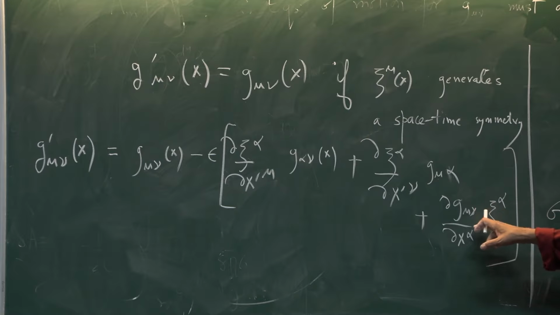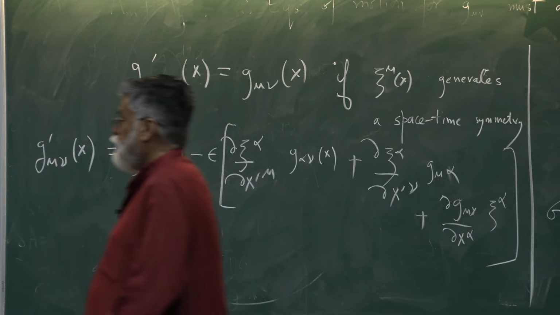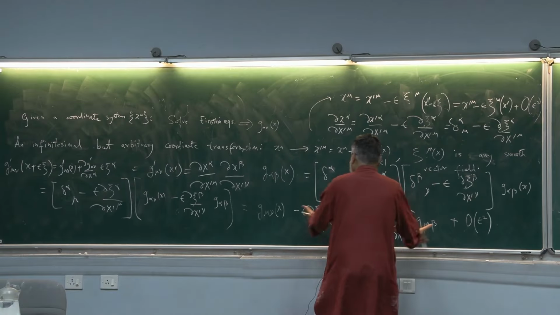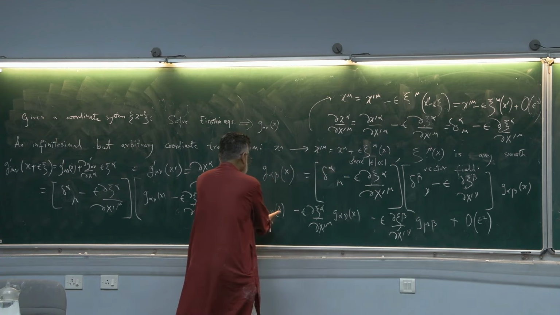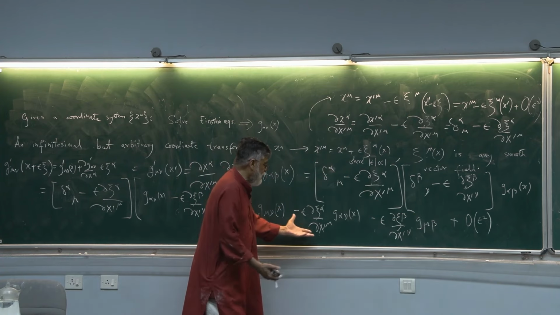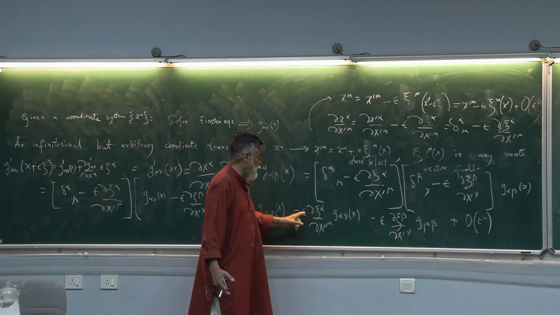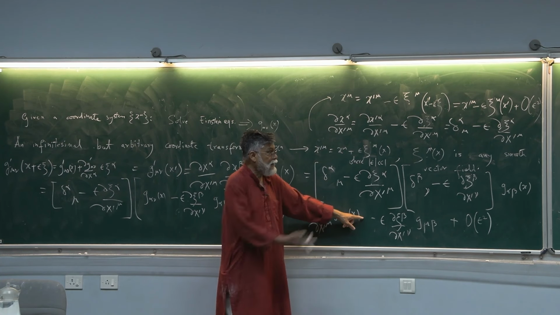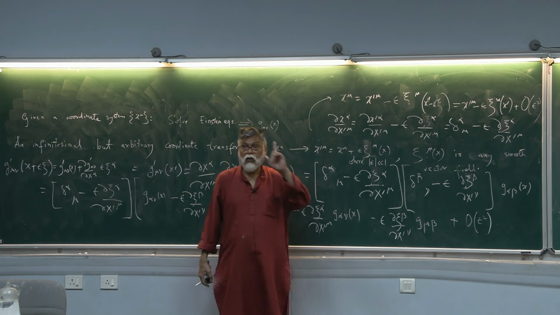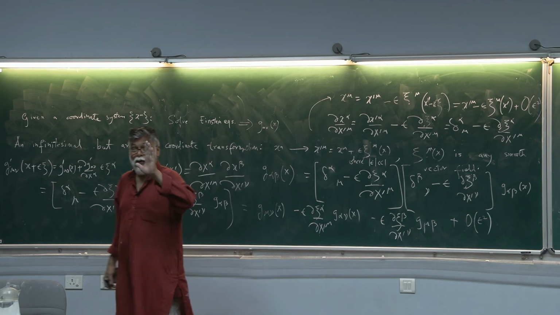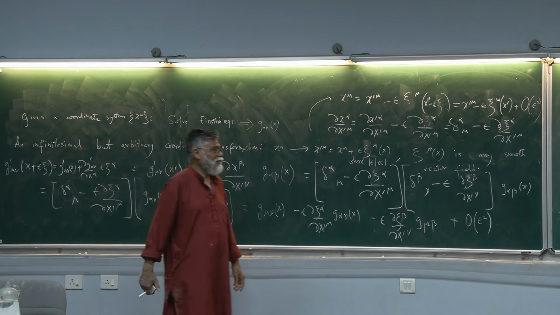It is del g prime mu nu, but I put back for g prime mu nu this expression. So there will be del g mu nu by del x alpha, then derivatives of this with respect to x alpha, but all these are epsilon, and there is an epsilon sitting outside. There will be quadratic in epsilon. So up to linear orders in epsilon, I have this result.